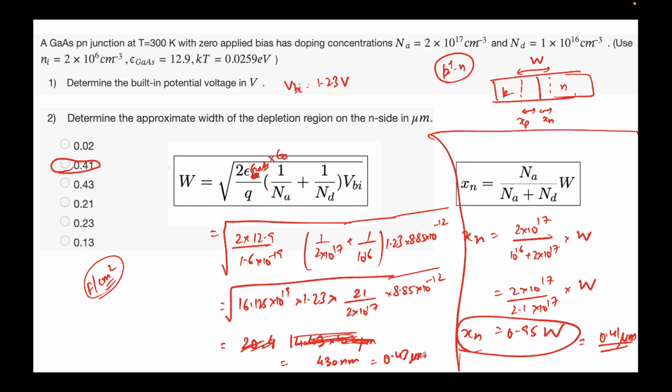So you see around 0.43 microns of total width, of which 0.41 microns is on the N side. So barely 20 nanometers is on your P side. It's negligible, it's nothing actually. So this is the thing that I want you to take away from this.